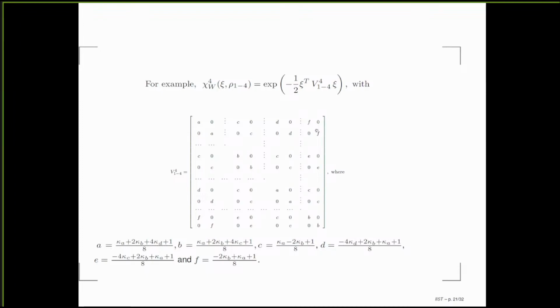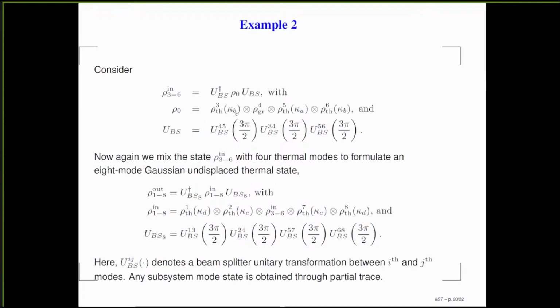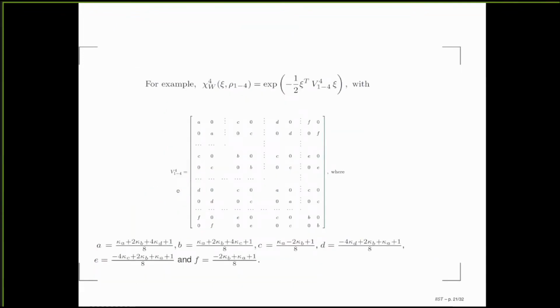You can see that all the off diagonal entries are non-zero, and they are related to the original thermal parameters in this manner. What I'm flashing here is just the variance matrix of the first 4 modes of the 8-mode state, rho 1 to 8. So you can imagine the complexity of what we are handling.